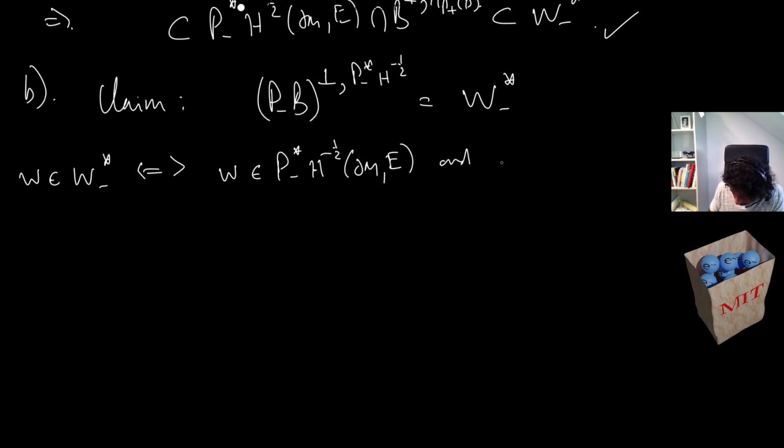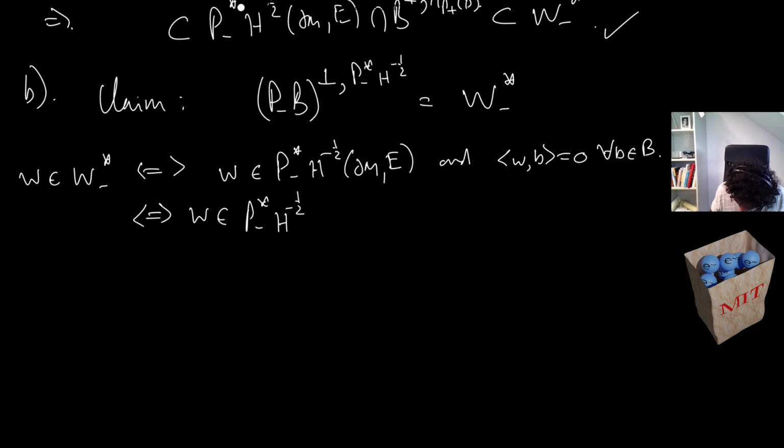And we have that WB is equal to 0 for all B in B. Okay, and this is now the annihilator in H minus a half, right? So we're doing all the annihilations now as a consequence of B in H minus a half. This occurs if and only if W is in P minus star H minus a half, and we have that P minus star WB is equal to 0 for all B in B.